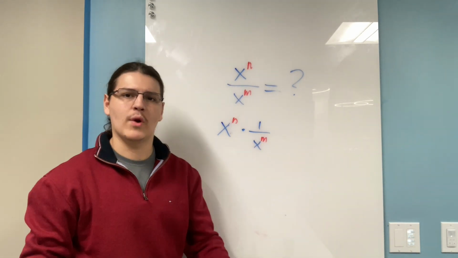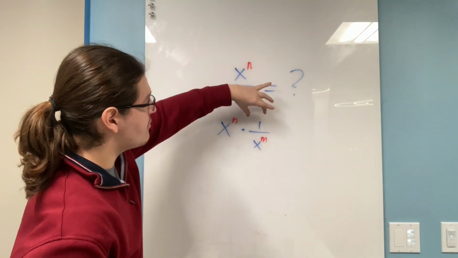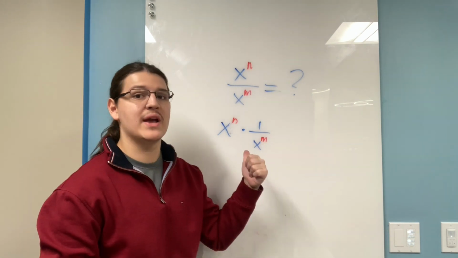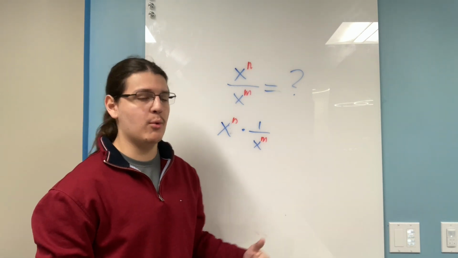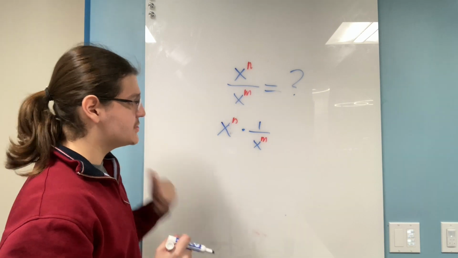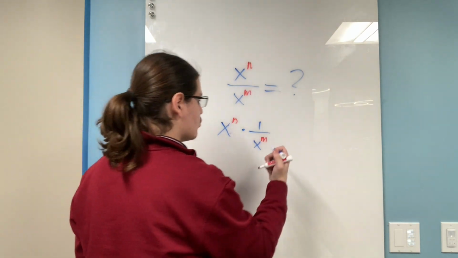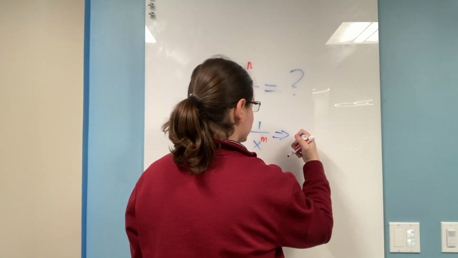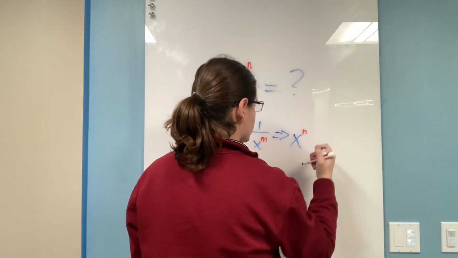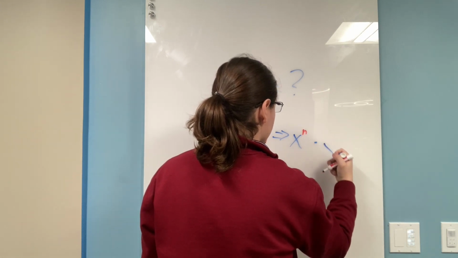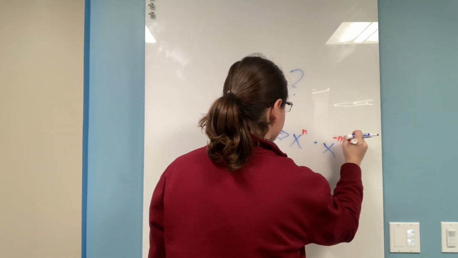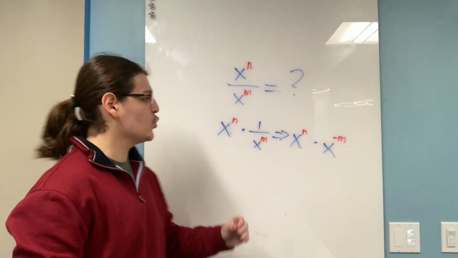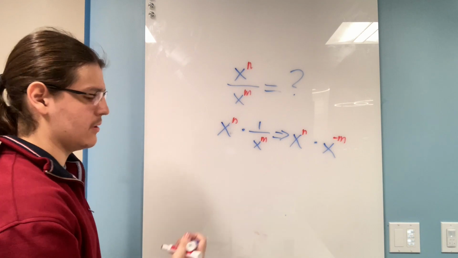And now, right in the beginning, we showed that when we have 1 over x to a power, that's the same thing as x raised to the negative power. So 1 over x to the mth is in truth the exact same thing as x to the negative m. So we have x to the n times x to the negative m. And like we did before, we can add the powers together.